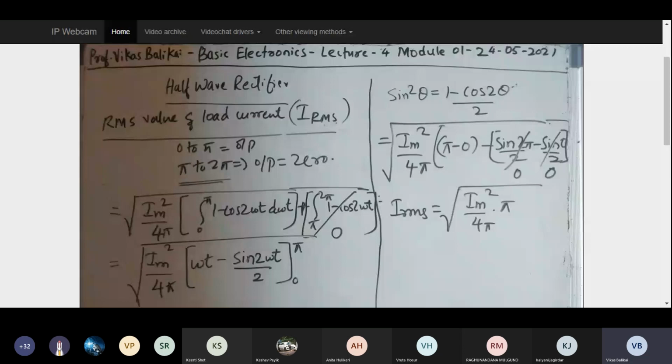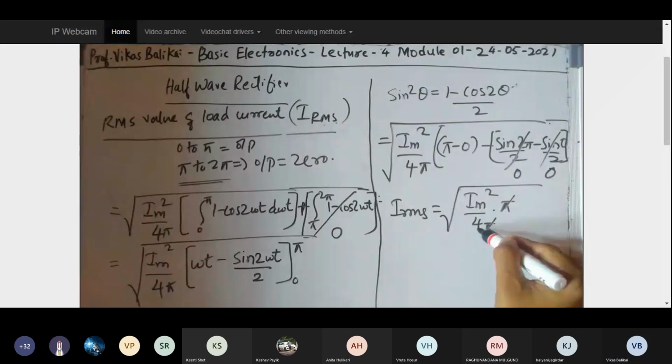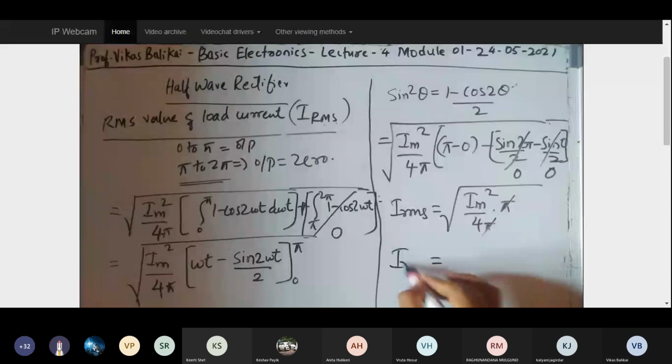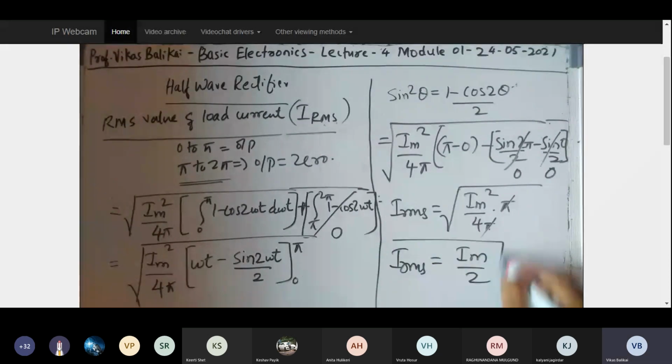Final simplification: pi cancels out and we get Im square by 4. So IRMS will be equal to Im upon 2. This is my RMS value of load current, that is IRMS equal to Im by 2 for my half wave rectifier circuit.